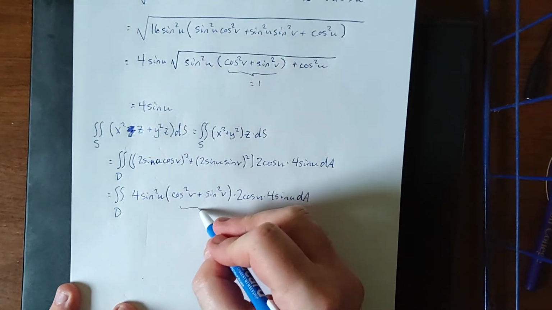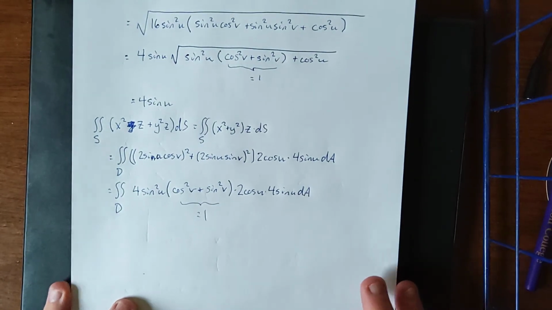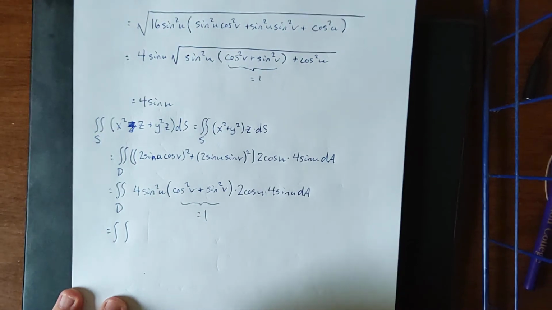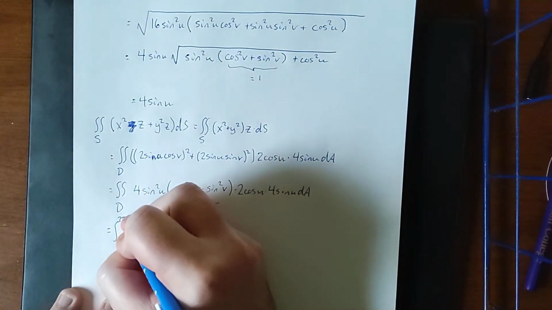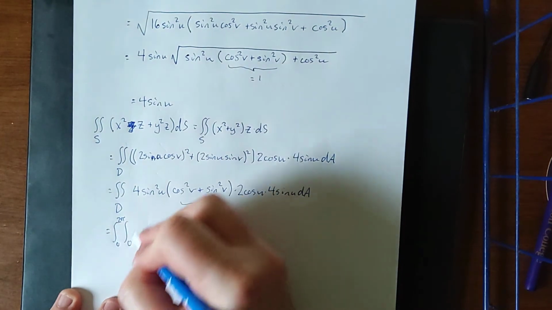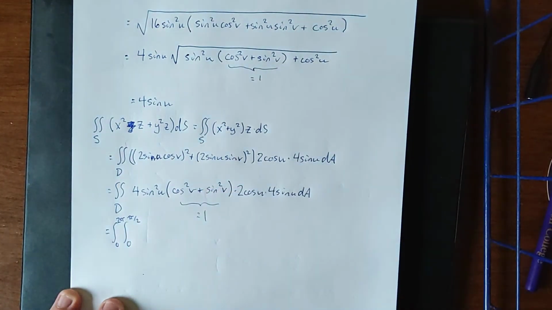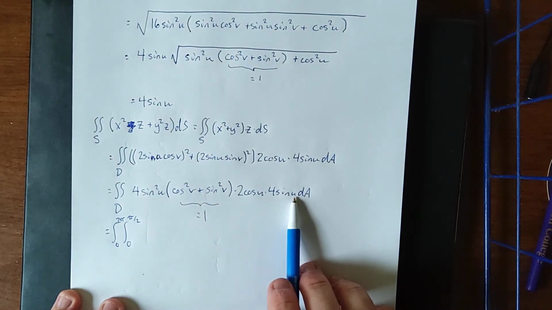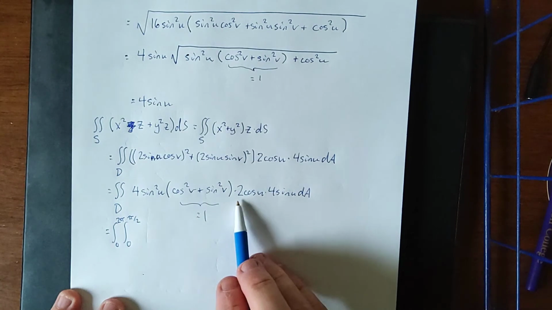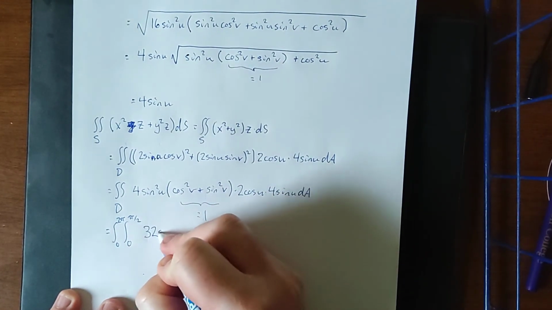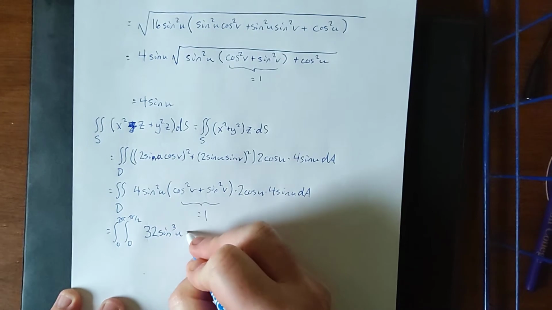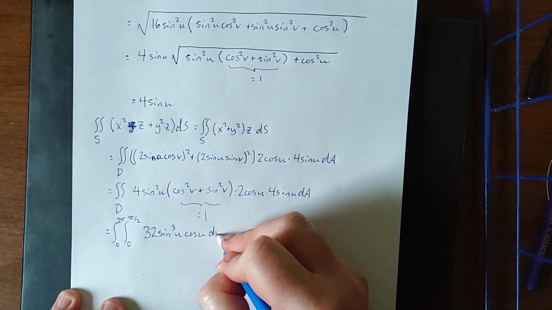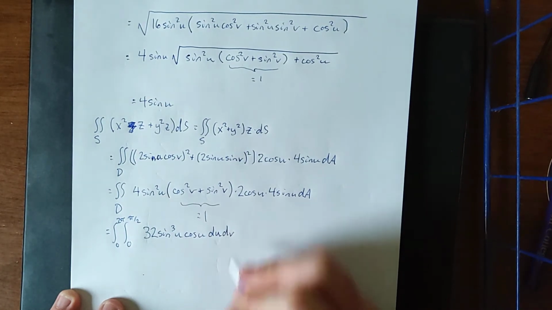Now with this being equal to 1, we are ready to go ahead and actually put some bounds in here for u and v. Bounds we had for v were from 0 to 2 pi, and the bounds that we had for u were from 0 to pi over 2. Again, those were in the last video. Looks like we're going to have a total of 3 sines of u. We're going to have a 4 times a 2 times a 4, so that'll be 32 sine cubed u times the cosine of u, du for the first bounds and dv for the second bounds.